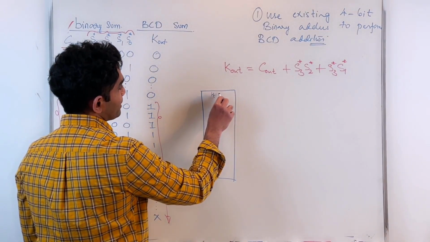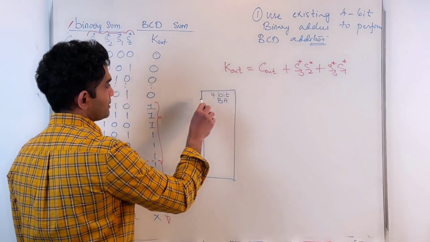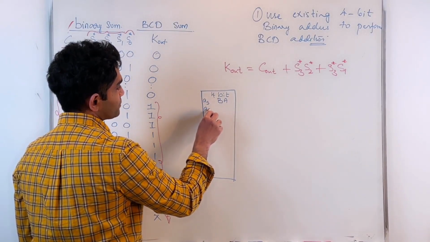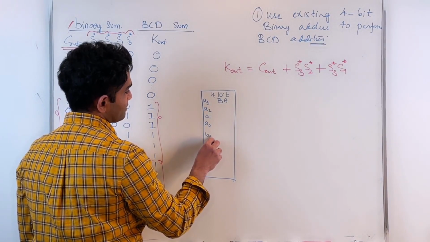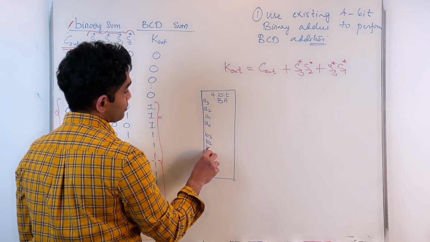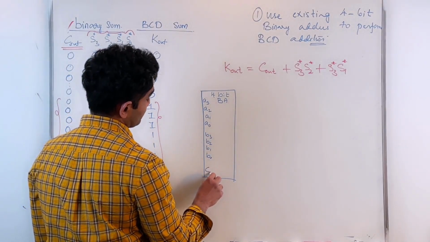So that's a 4-bit binary adder. That's your A3. That's your first binary number to be added. That's your second binary number to be added. Although I'm applying my BCD values here, this is still a binary adder. And that's your C in.